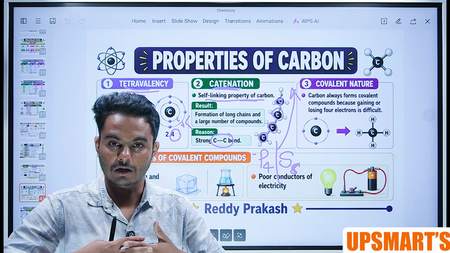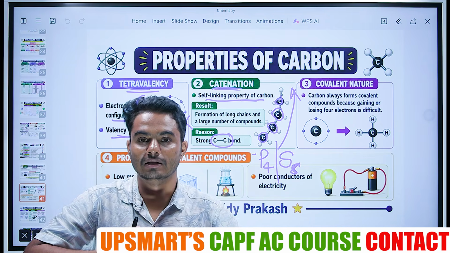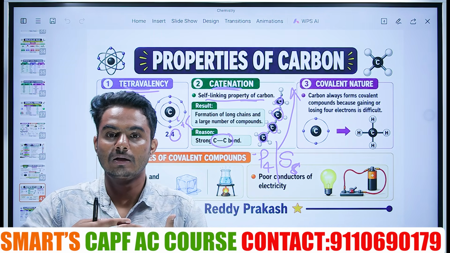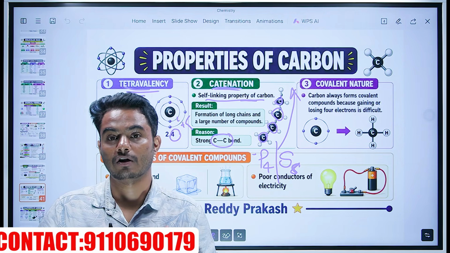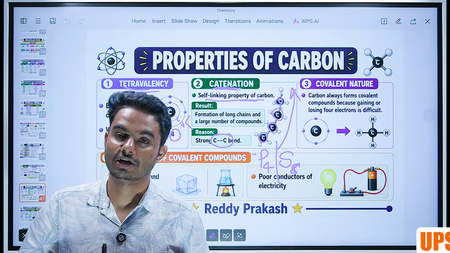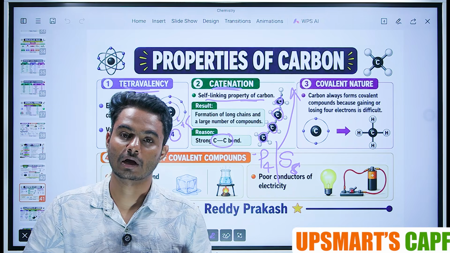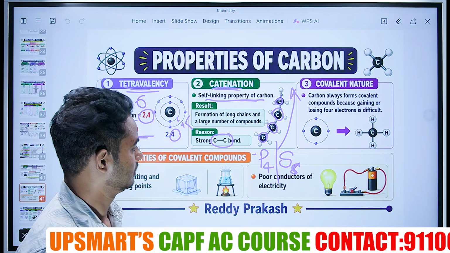That is why the carbon chain will be very strong, due to tetravalency. That is why wherever we see nanotubes, we say nanotubes are very strong. What are nanotubes made up of? Carbon nanotubes, sir. Because we can form a chain of nanotubes using carbon. Carbon will stay very strong. Easy? Yes, sir.